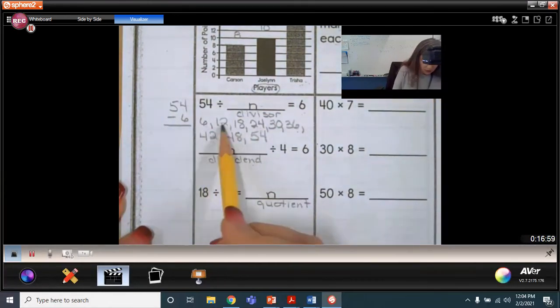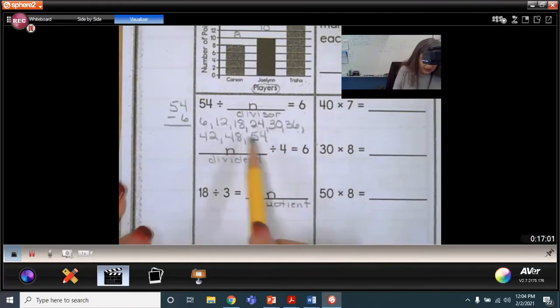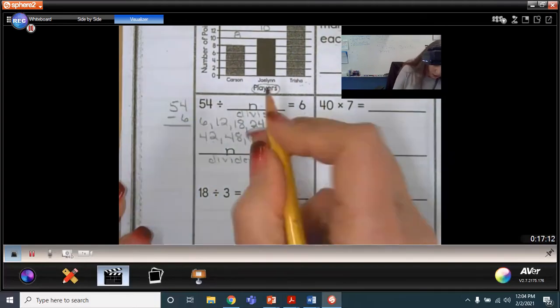So 1, 2, 3, 4, 5, 6, 7, 8, 9 groups. It took me 9 groups of 6 or 9 groups of adding 6 to get to 54 when I skip counted. That's my pattern. So there are 9 groups.